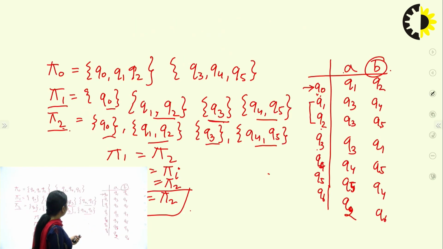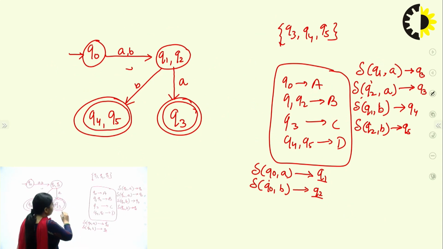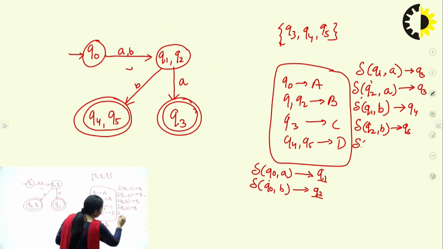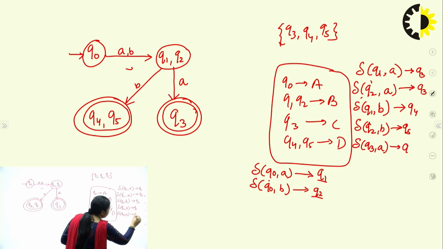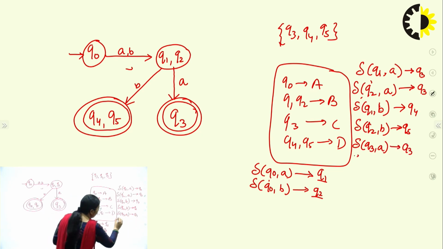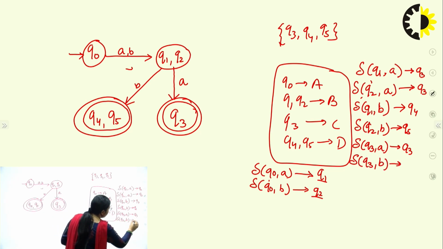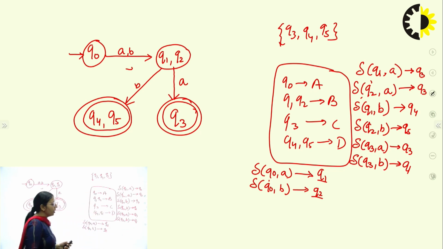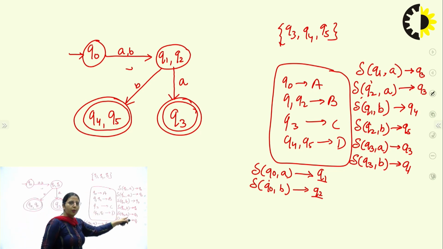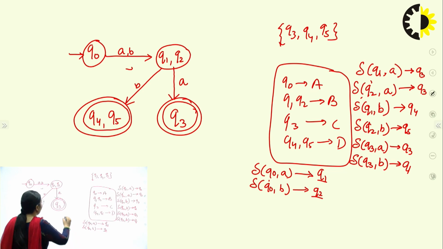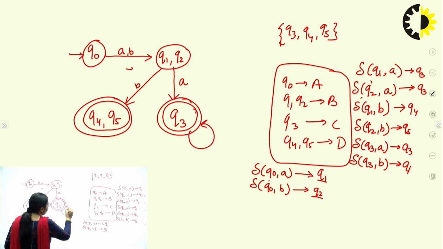Now let's check Q3: del of Q3 comma A goes to Q3, and del of Q3 comma B goes to Q1. So for input A there is a loop, because it remains in the same state.